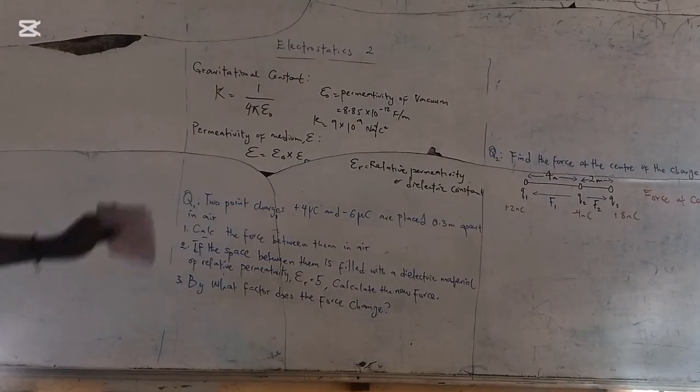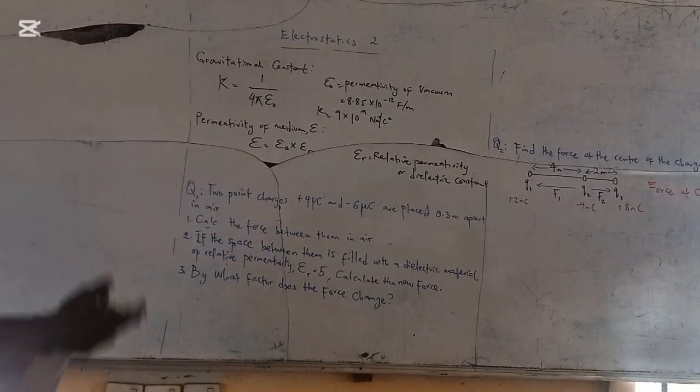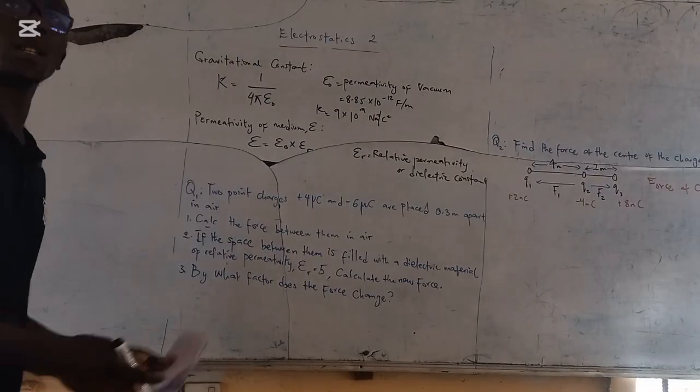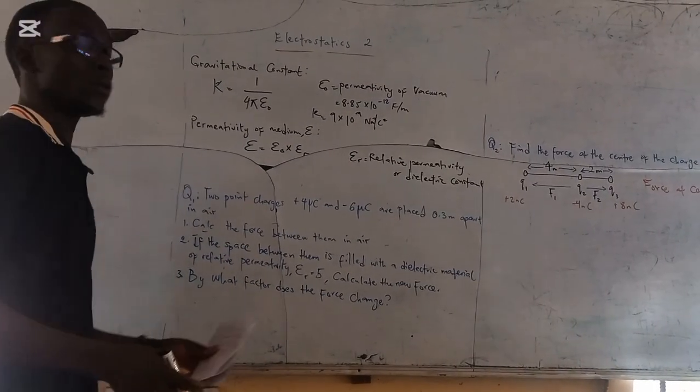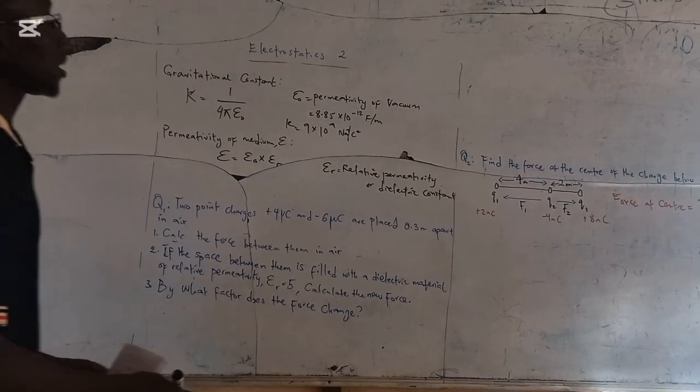Under relative permittivity, we have materials. It can involve air, paper, glass, or even paraffin, depending on what they give you in the question. So I will just list them out.